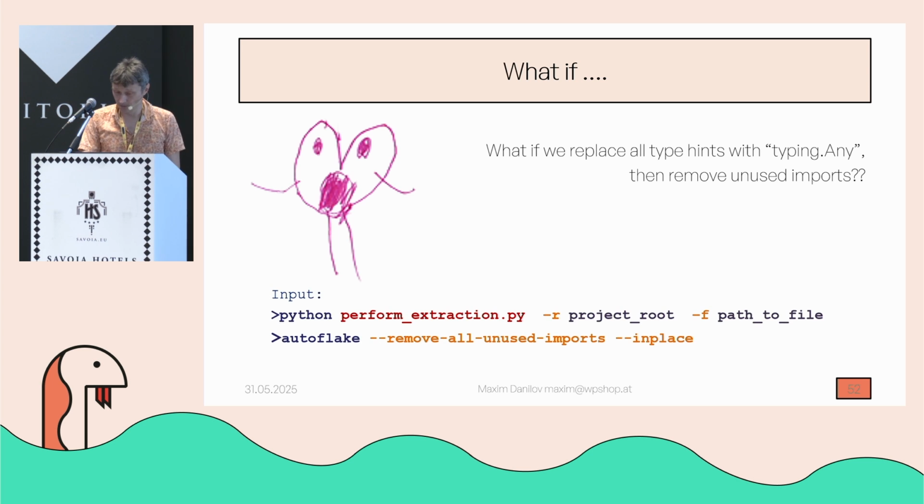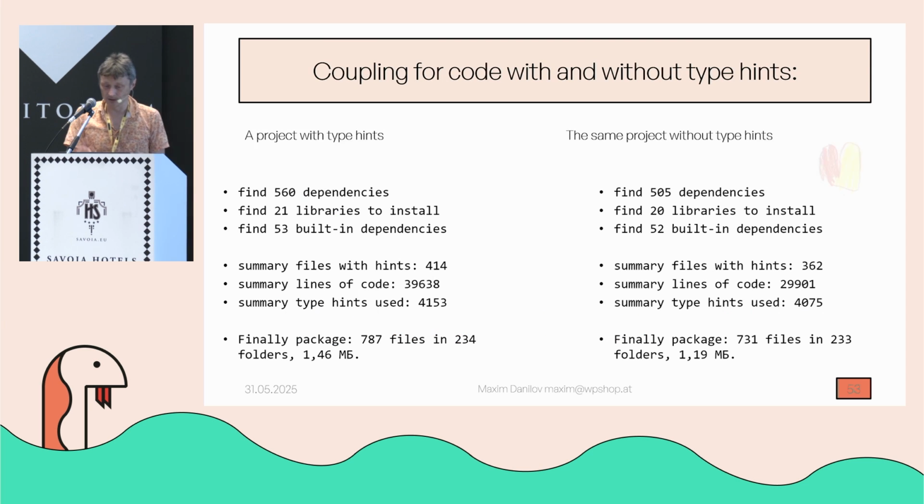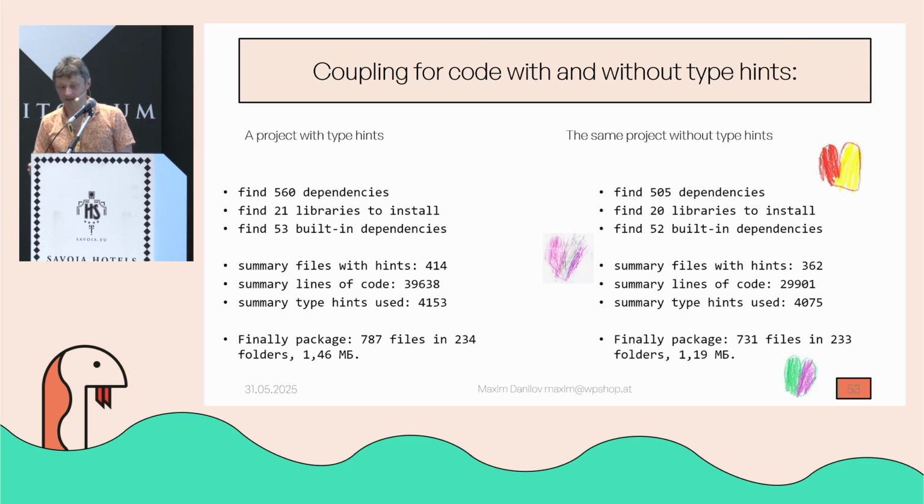Okay, I did it, performing the extraction with my own written tool. It doesn't exist publicly now because we don't have too many crazy developers against type hints. And you can see, previously I already showed we found 560 external dependencies. After reducing type hints, we have only 500 dependencies.